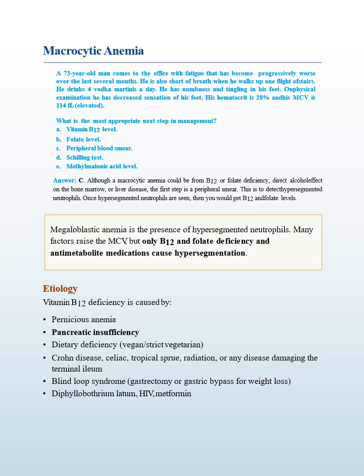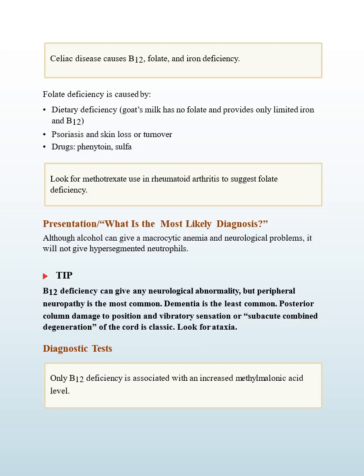Let's go to the next slide, which is slide 14. On slide 14, we have a clinical tip which states that celiac disease can cause B12, folate, and iron deficiency anemia.